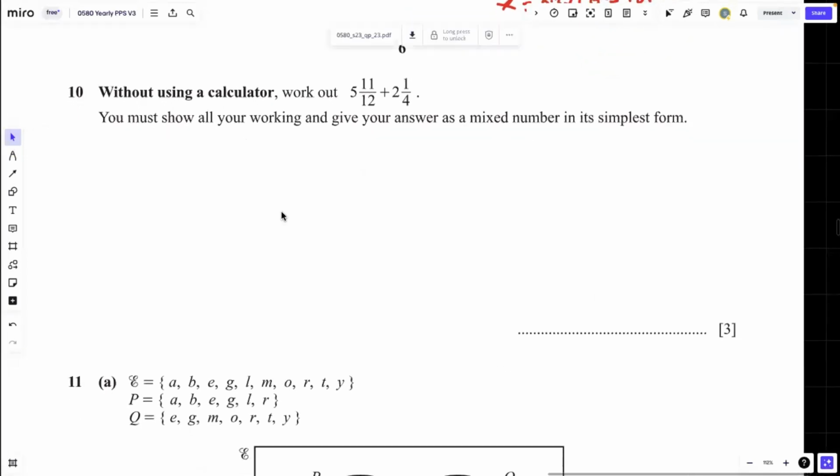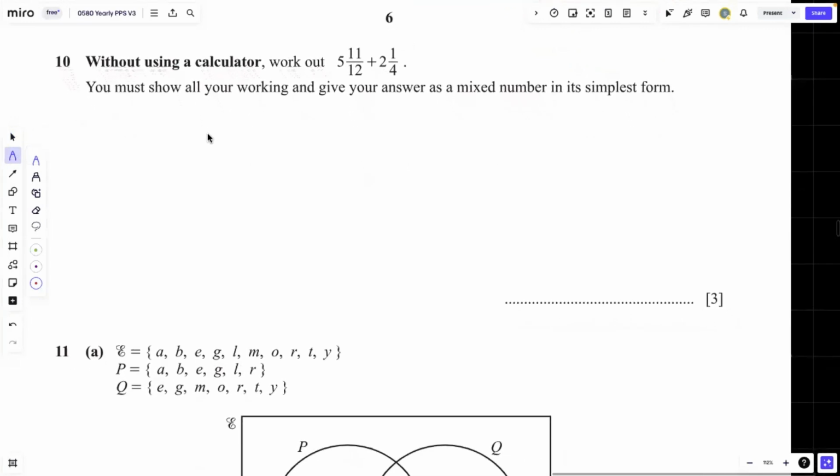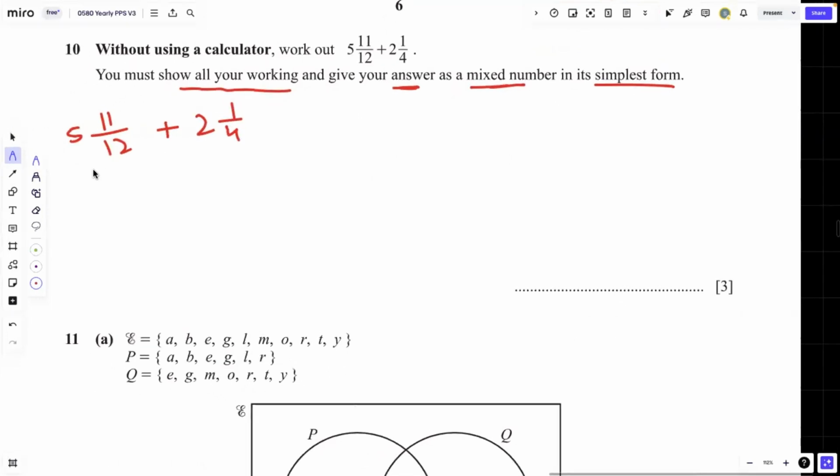Workout. You're supposed to work this out without using the calculator, but obviously you can use the calculator afterwards to check the final answer. So first, let's work this out. We're supposed to show all the working and give the final answer as a mixed number, so let's work through all of the requirements one at a time. We have both the numbers in mixed number form. We need to convert them first.